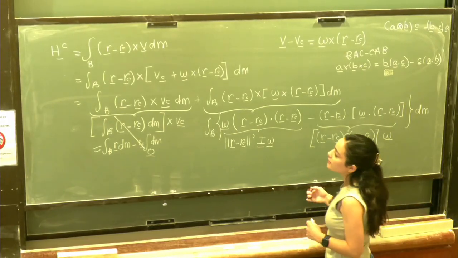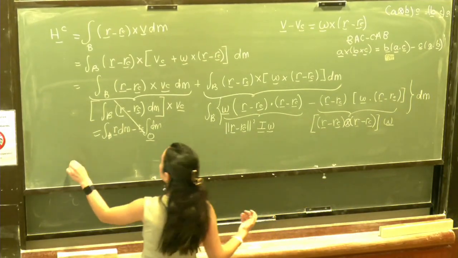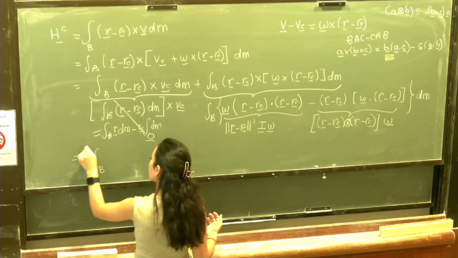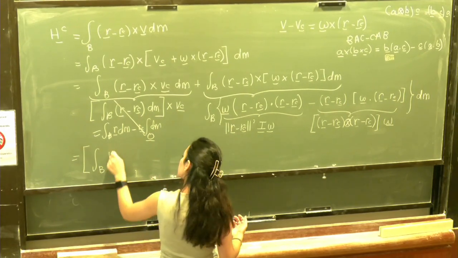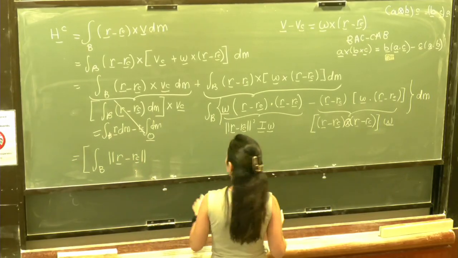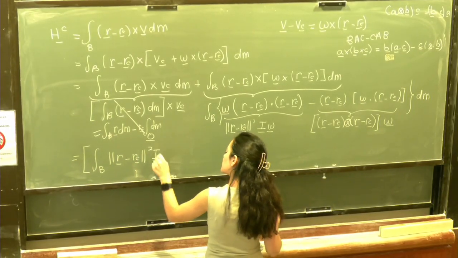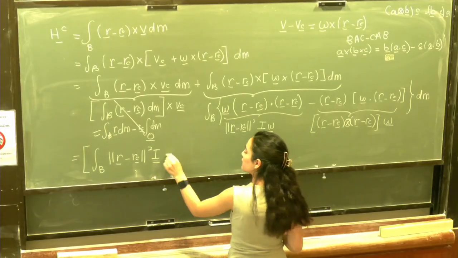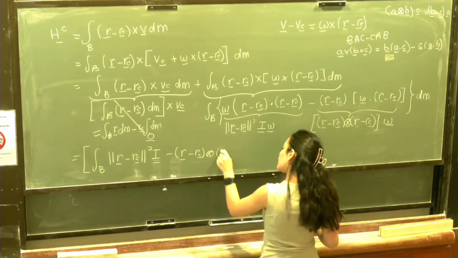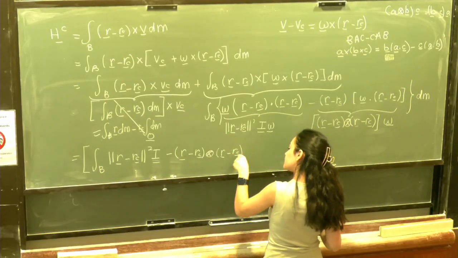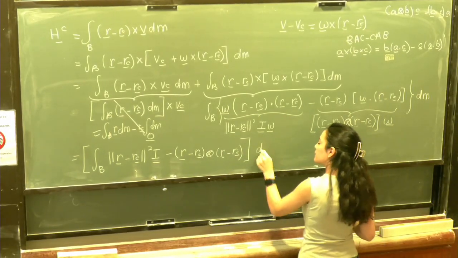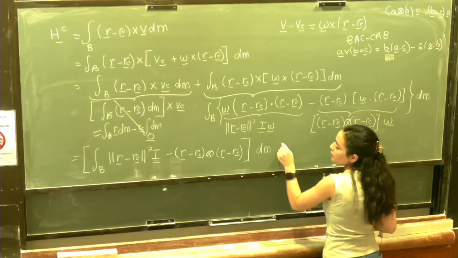So then this whole thing becomes equal to the integral over the body of the magnitude of r minus rc squared times the identity minus r minus rc bond r minus rc, dm, times omega.